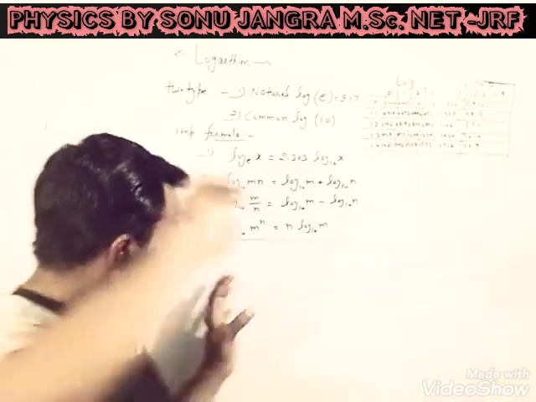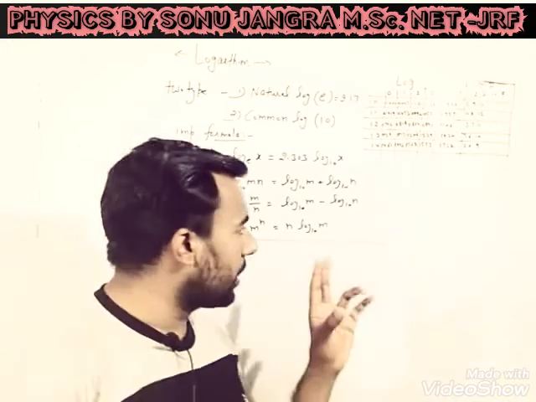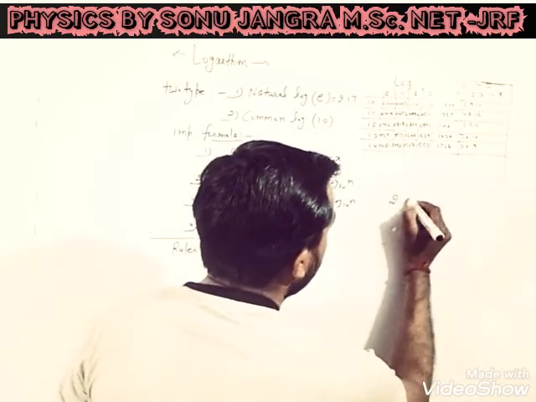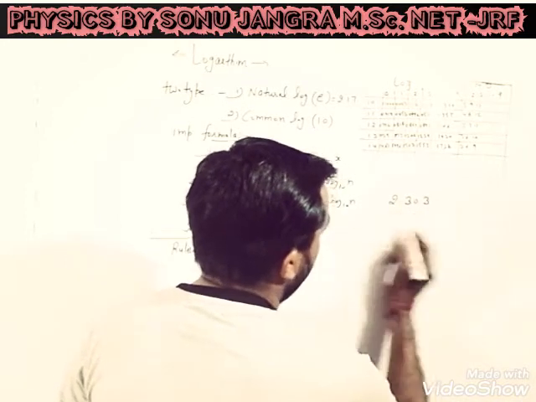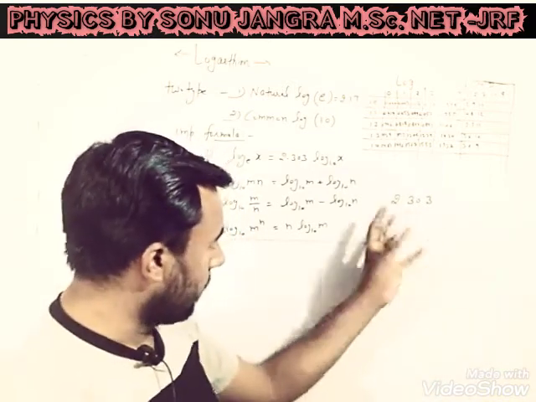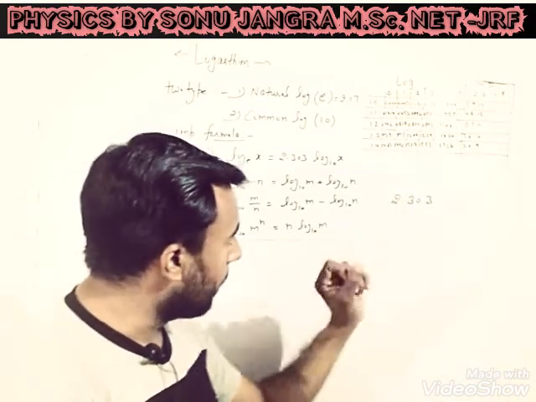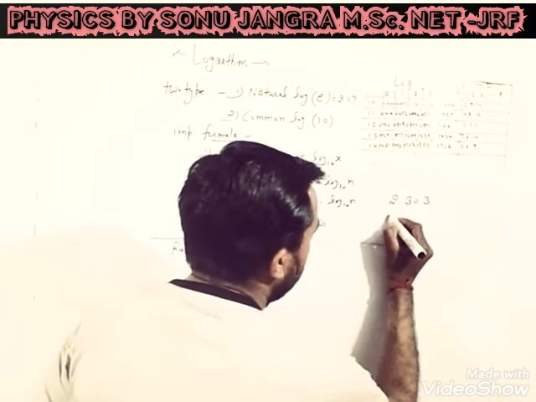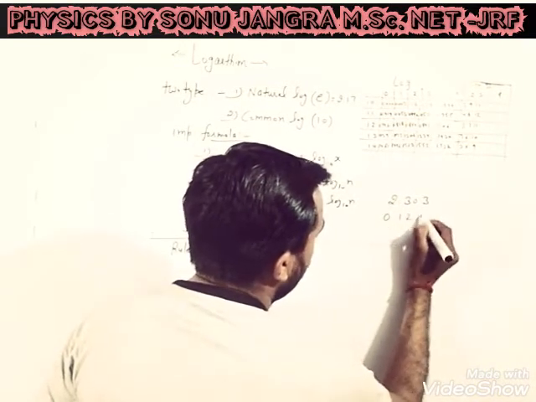Before starting these rules, I have to discuss any number. I will take an example, 2.303. This is just a simple number, and it is greater than 1. And I will take another example, 0.1234.